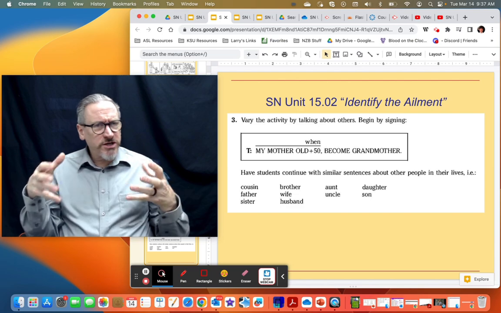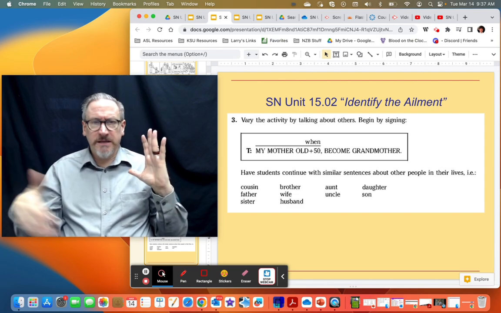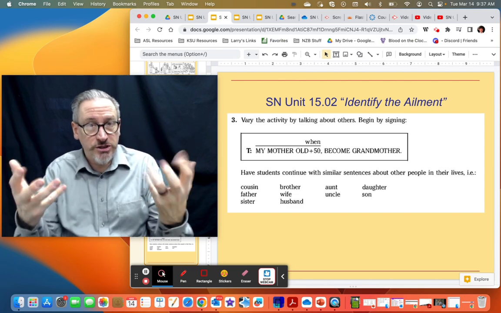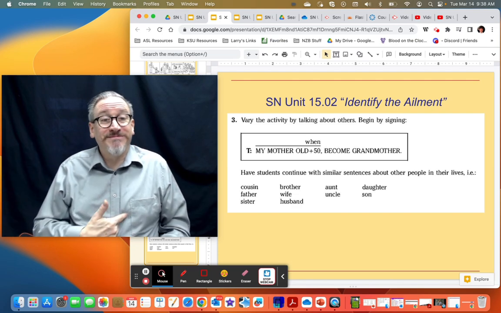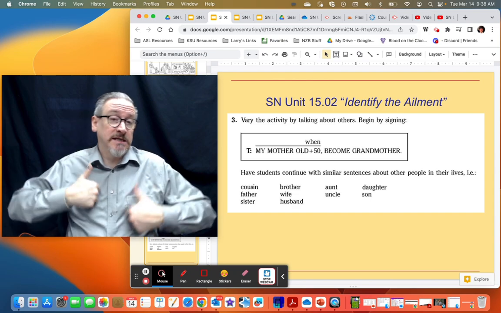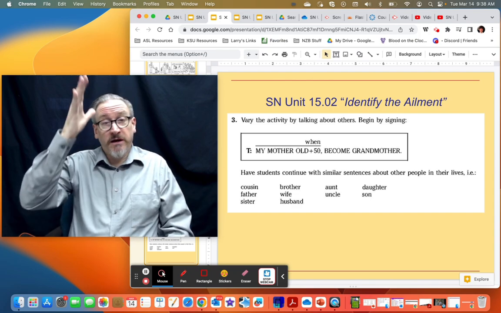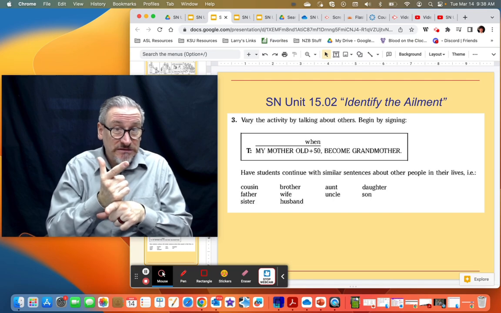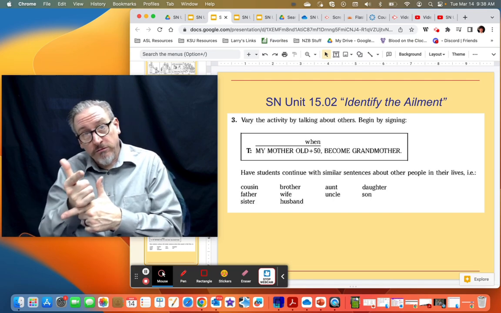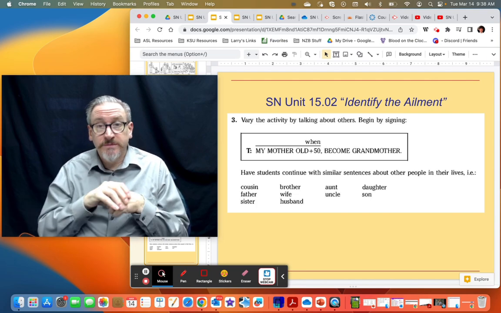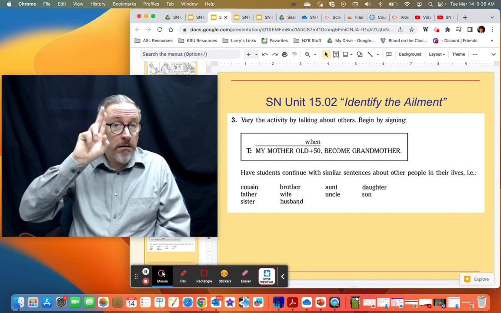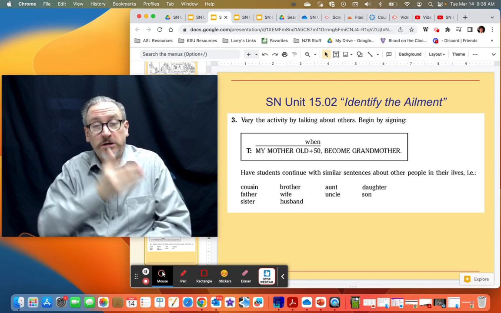So much of learning science is just repeating this pattern and getting the body used to signing things like that. So, say, tell your cousin's life story. Cousin, father, sister, brother, right? Sister, brother, wife, husband, aunt, uncle, daughter.